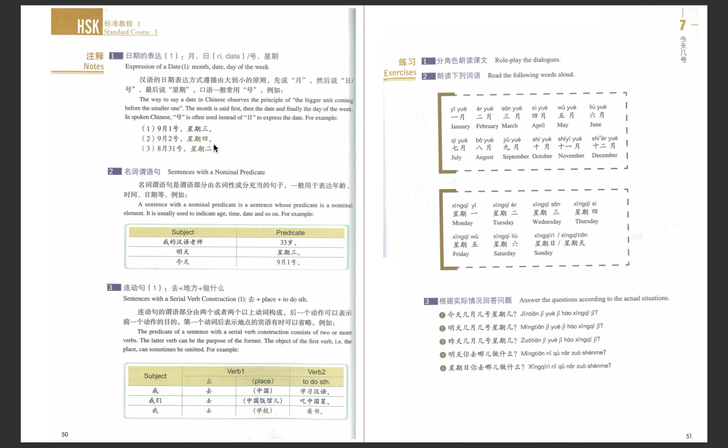It's the 2nd of September, Thursday. 8月31号星期二. 8th month of a year, August, 31st of a month, and the second day of a week, Tuesday.